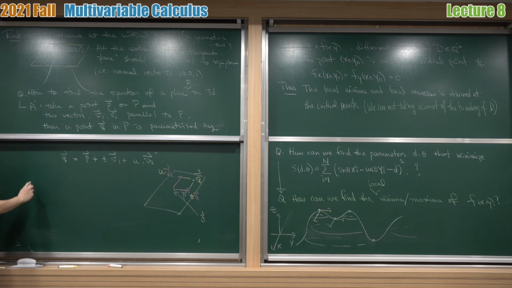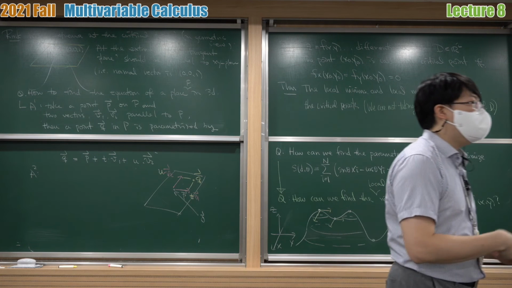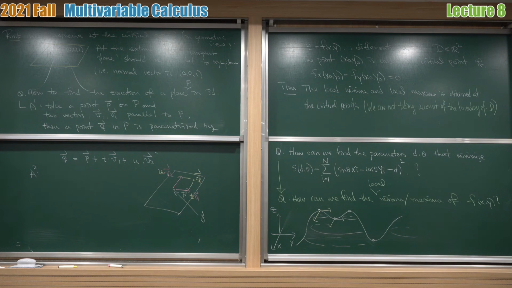How about the other method? For example, you have an equation of a line like y equals mx plus b. You also have an equation of a plane, like z equals ax plus by, or ax plus by plus cz equals d. You probably heard this in high school, right? No?